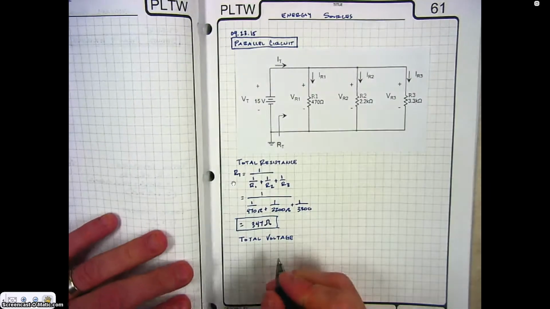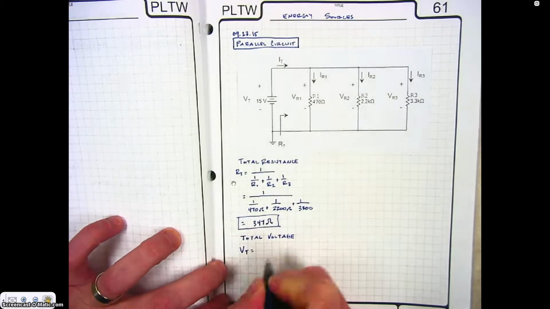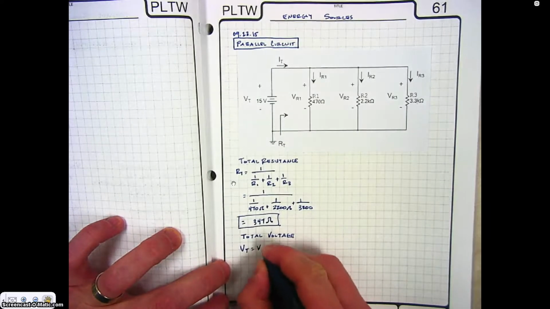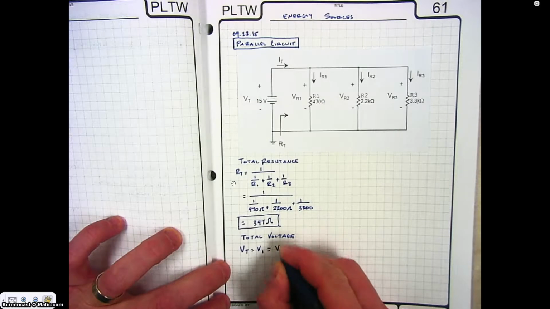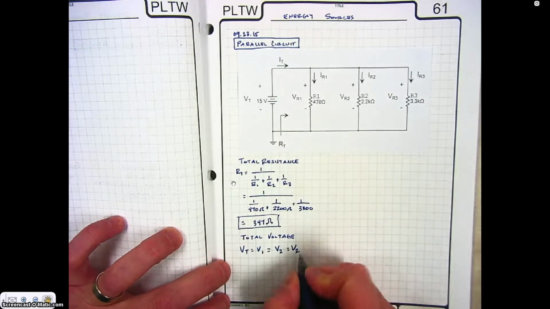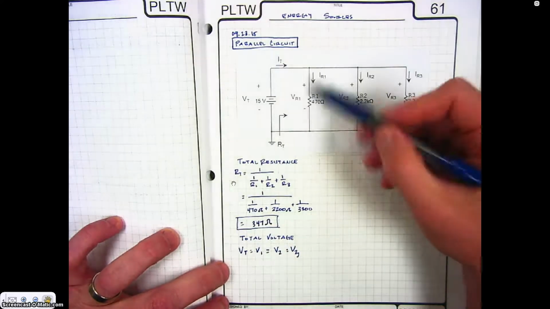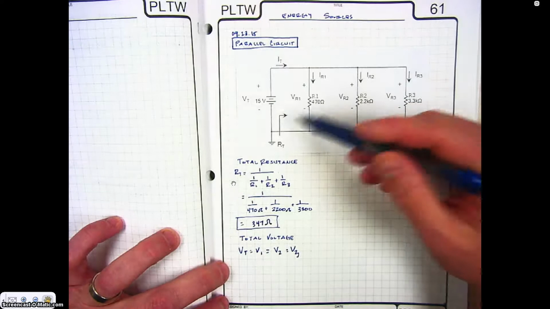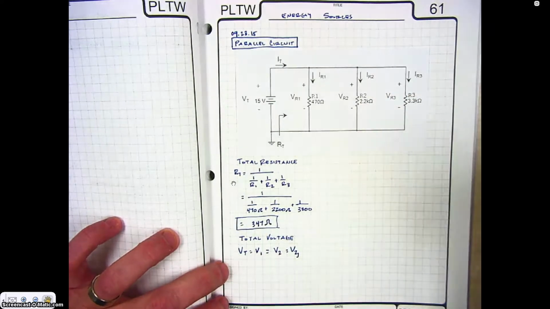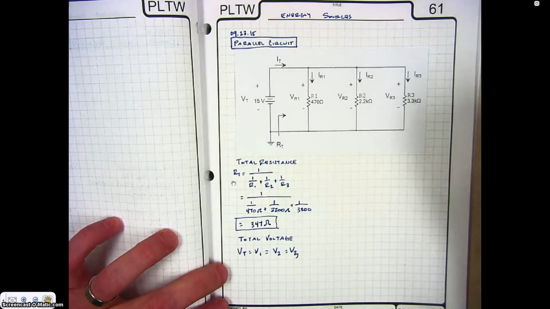Total voltage in a parallel circuit is just equal to the voltage at component 1, which is equal to the voltage at component 2, which is equal to the voltage at component 3. What we're saying is that since the electricity has multiple paths, there's no voltage drop in a parallel circuit, which is different than a series circuit.